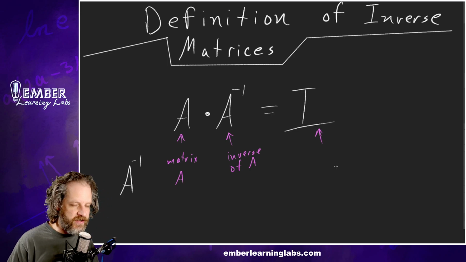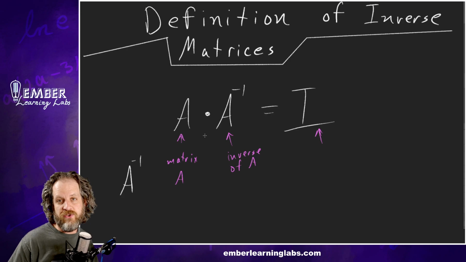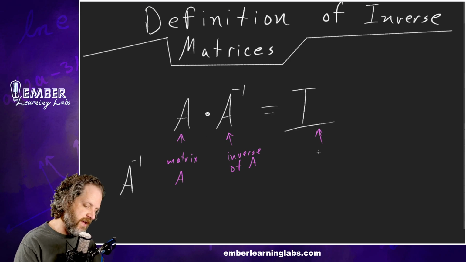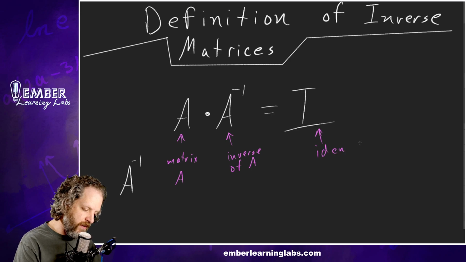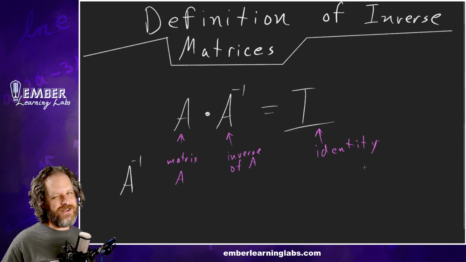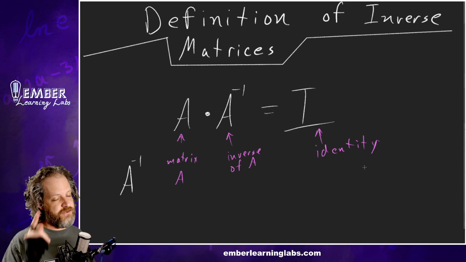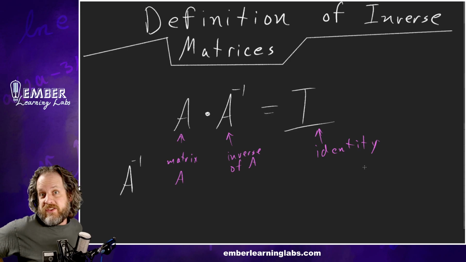It's the identity matrix that's the same size as whatever A is. So if A was a 2x2, then it would be a 2x2 identity, 3x3, etc. So that's what an inverse matrix is. It's a matrix that cancels out another matrix, which is going to be really important at the end, when we solve systems with it.